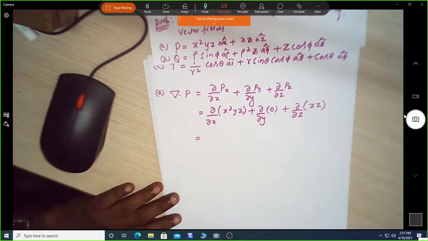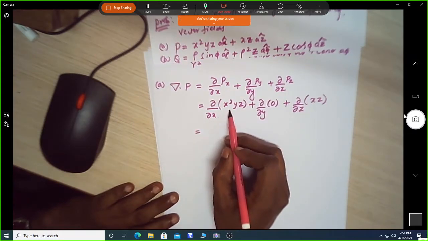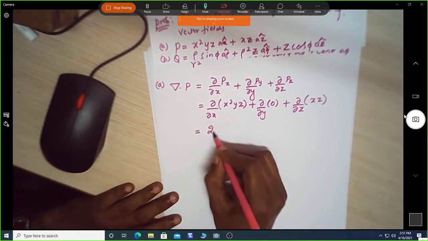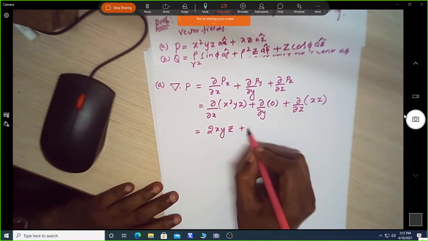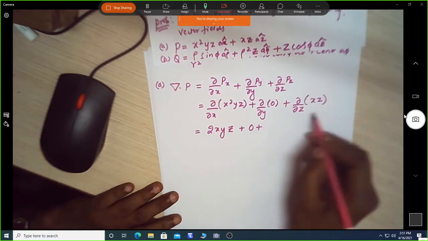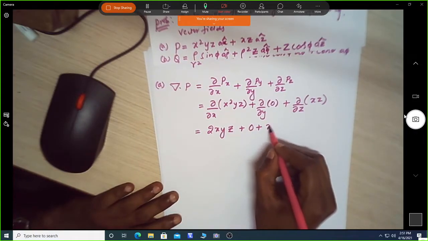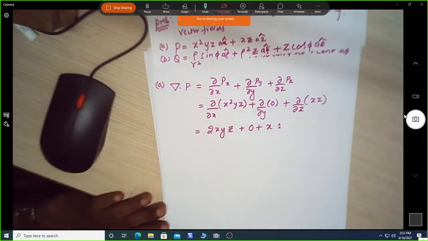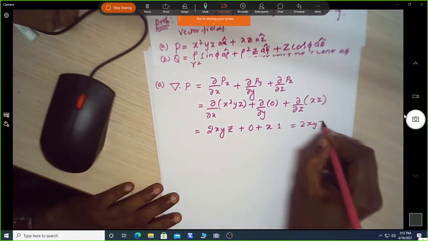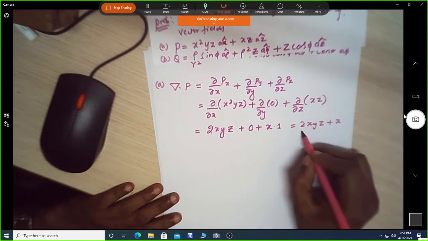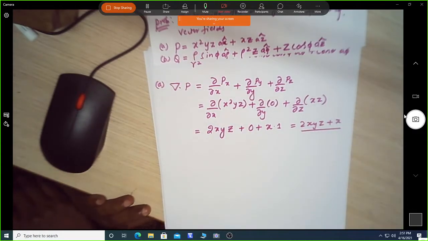Now if you differentiate this with respect to x, what will you get? You will get 2xyz, plus 0 for this one, plus with respect to z, x is constant and z gives 1. So this will be equal to 2xyz plus x. So this is the answer. Is it understood?